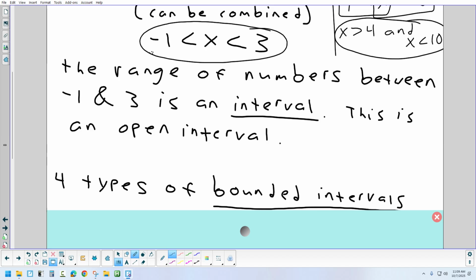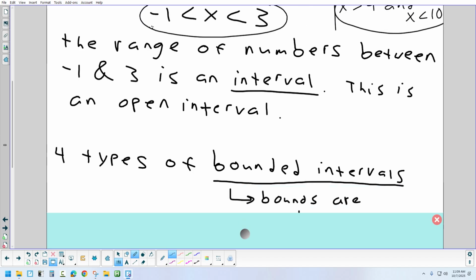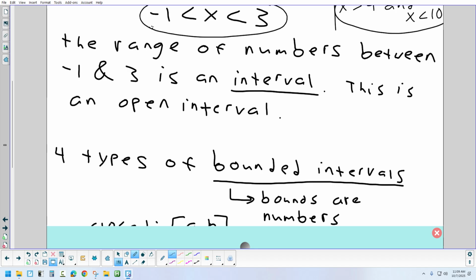So there are 4 different types of bounded intervals. Okay, what makes something bounded? Well, bounded means that the actual endpoints in your intervals are numbers.